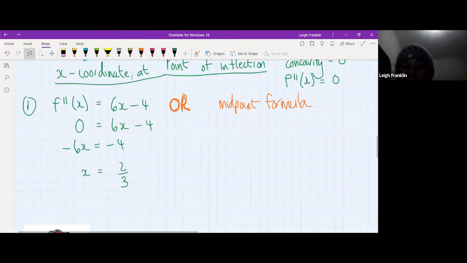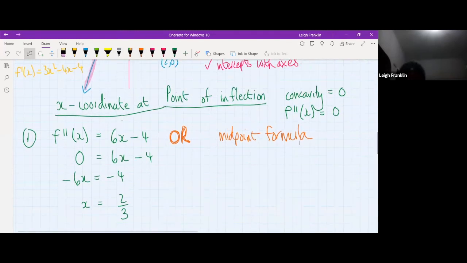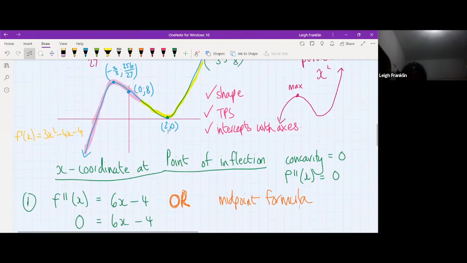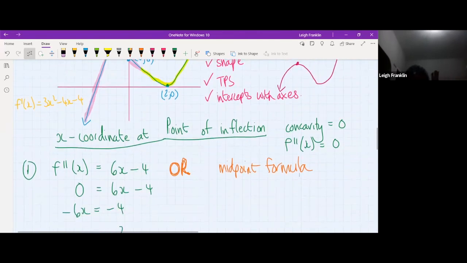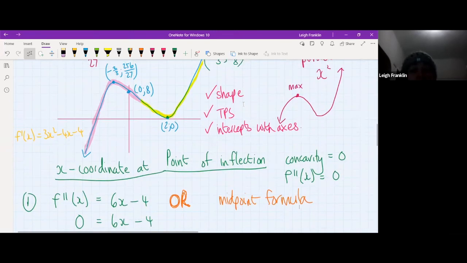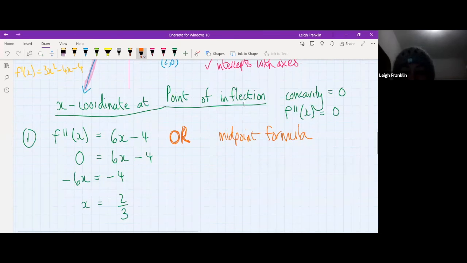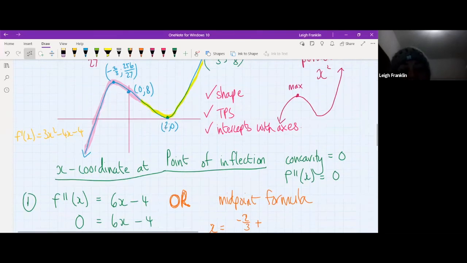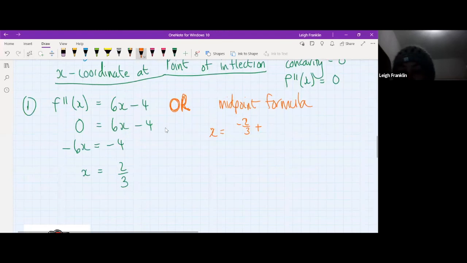What you can do here is your point of inflection is going to be midway in between your turning points. So we know our one turning point is at minus 2 over 3. So we're going to say x equals minus 2 over 3 plus our other x at our other turning point, which is 2. And then we've got to divide that by 2.